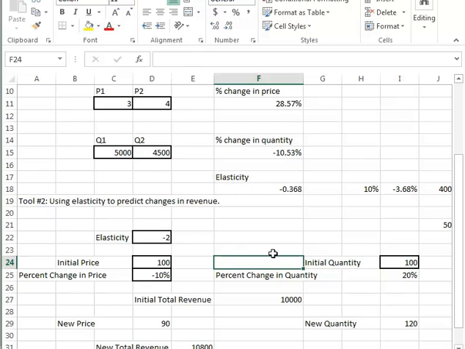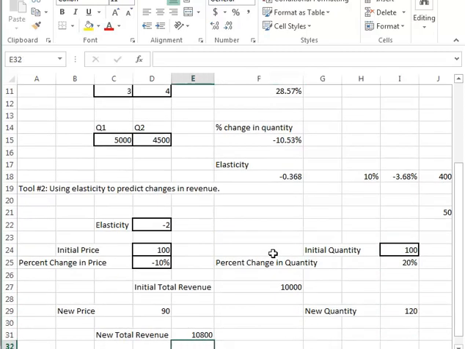So if we started with a price of $100 and we cut prices by 10%, then our new price is $90. If we started selling 100 units and we increased the number of units sold by 20%, then our new quantity here is 120. Our new sales revenue is our new price times our new quantity.